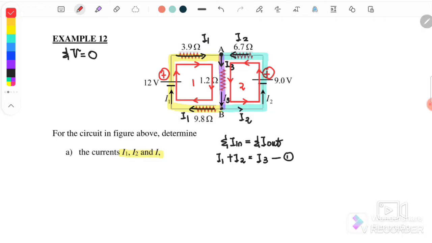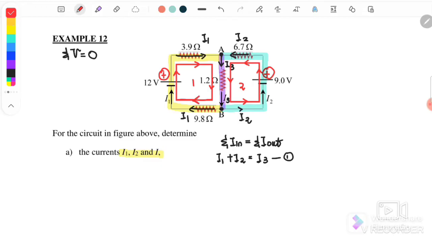Now we go to loop 1, the first loop. Let's say I start from point B. You can start at any point as long as you come back to the starting point. So I start from point B, and the direction of the loop is going from point B to the left.